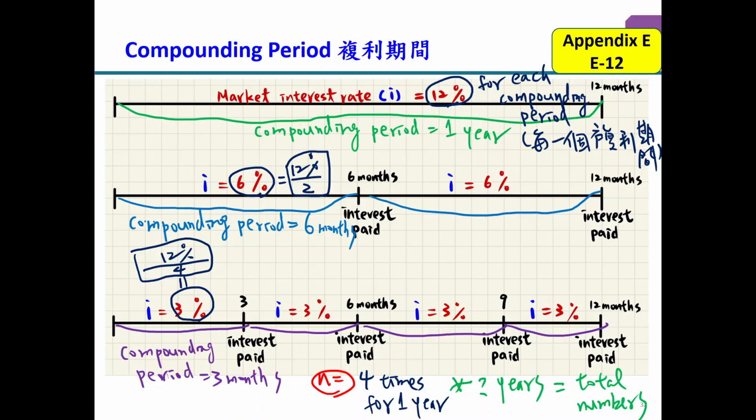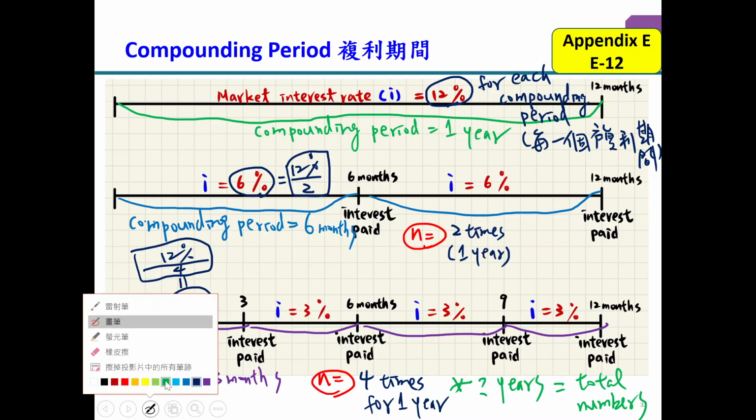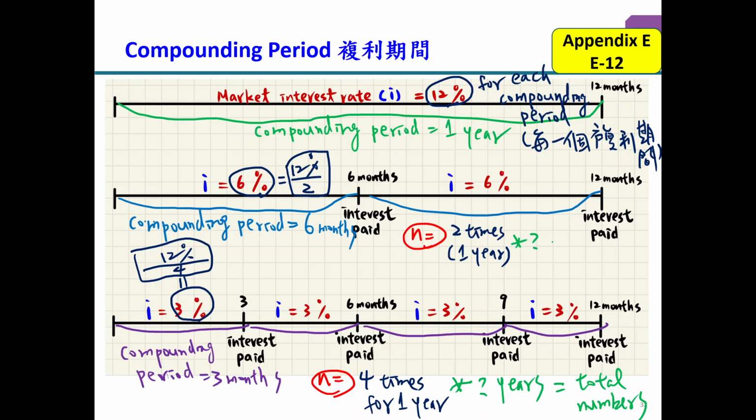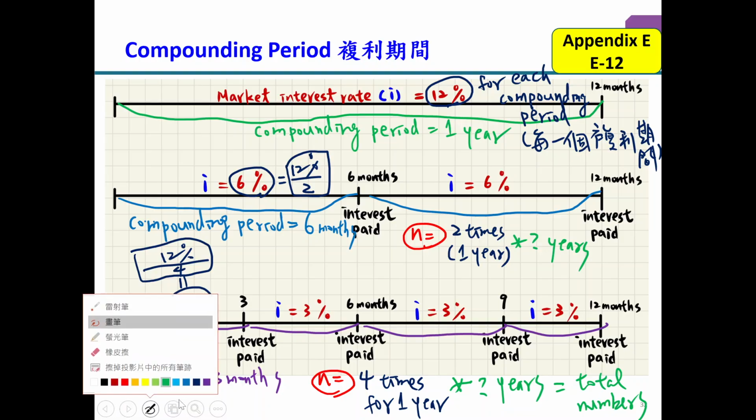How about the second case? What's your N? N is 2 times for 1 year, right? So for the second case, your N is 2 times for 1 year, but it depends on how many years you have. So you have to multiply by the number of years, then you can get your N. How about the first case? What's your N? 1 time for 1 year, right?